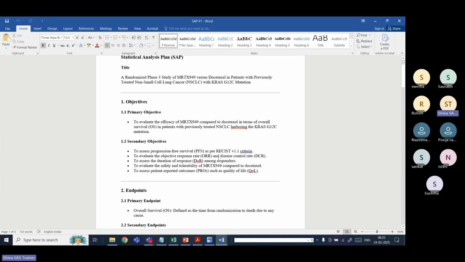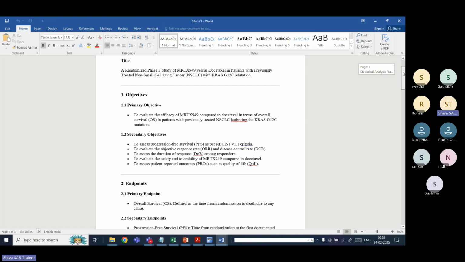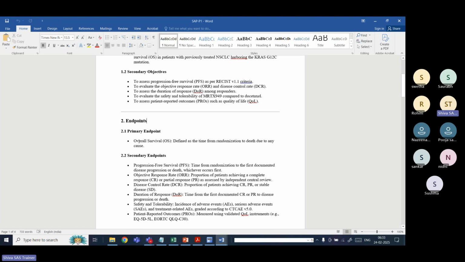These are the secondary objectives, and by using various methods like summary methods or other methods, they will calculate these responses. The primary endpoint is overall survival, defined as the time from the randomization to the death, so from the starting point of the study to the death due to any cause.